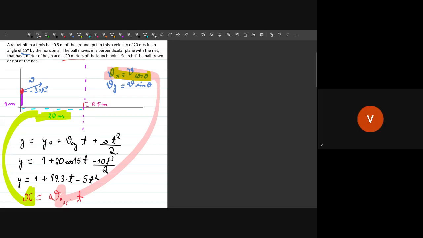Okay, so I replace x with 20, and v0x is v cosine theta. Yeah, x is 20, perfect. And v0x is v cosine theta. Yeah, perfect. The velocity is 20.